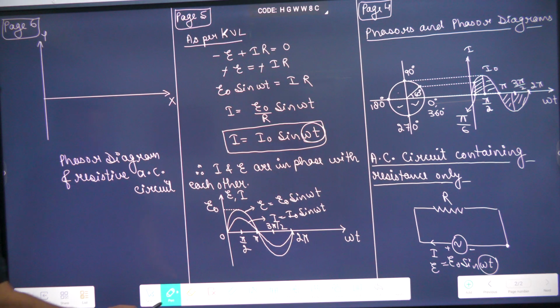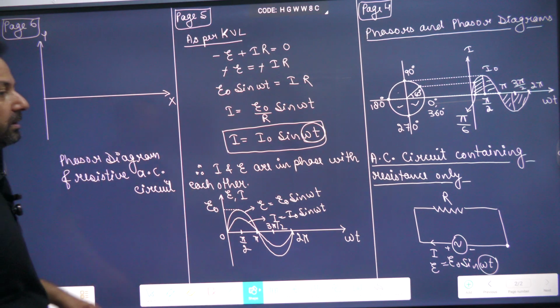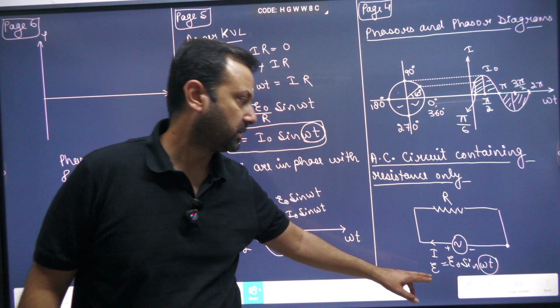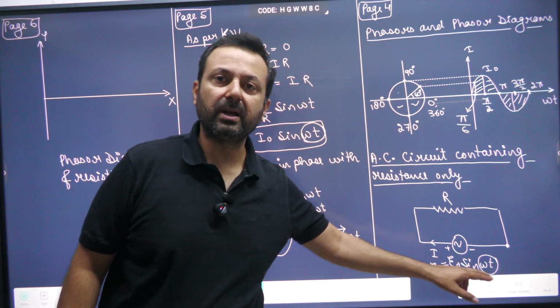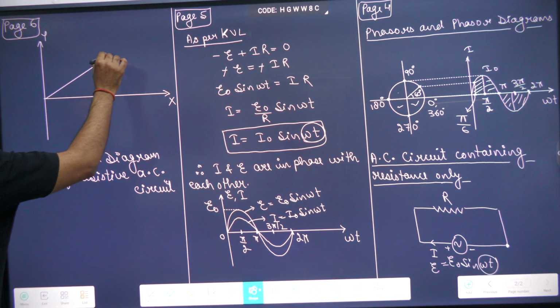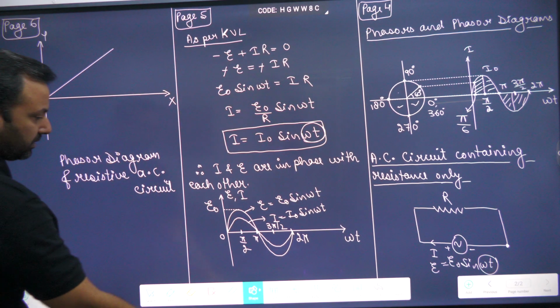Now here, this EMF is making an angle omega t with the x-axis. So this is EMF. I have drawn a single line for EMF.